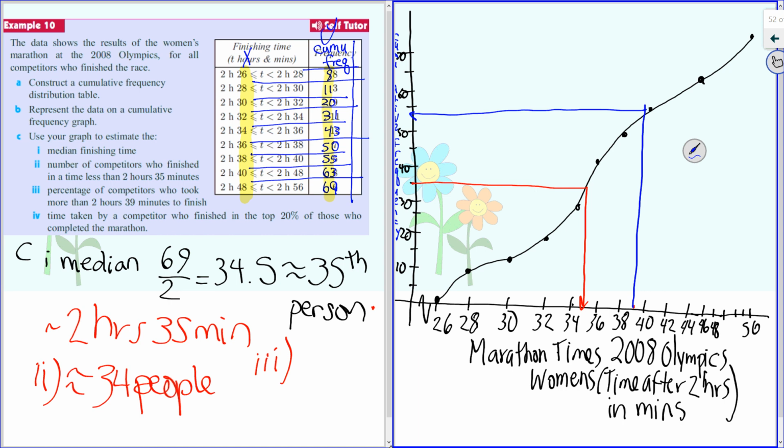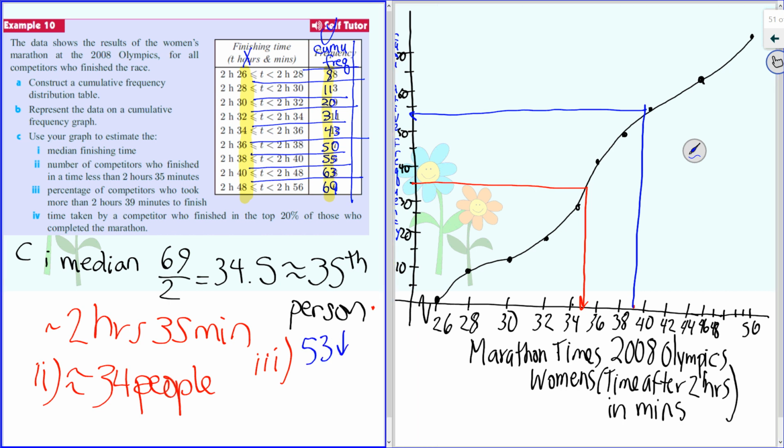So did 53 finish under this time? Yes, 53 finished under this time. So how many finished over? 16. 16 took more time.